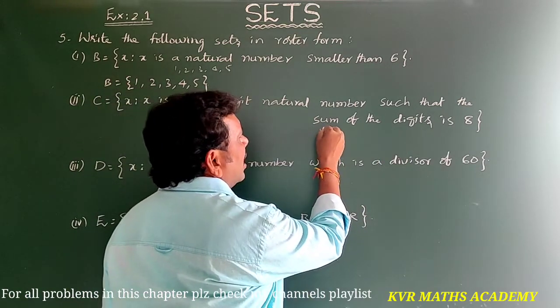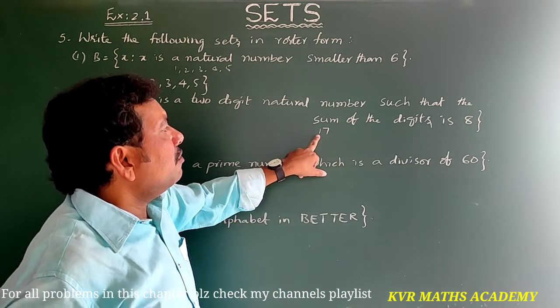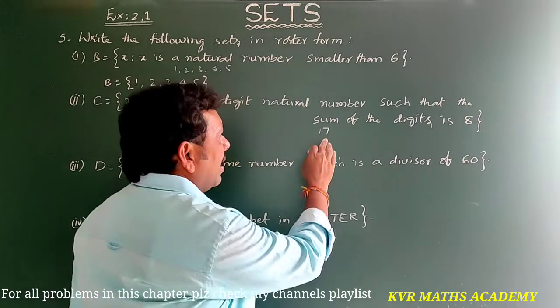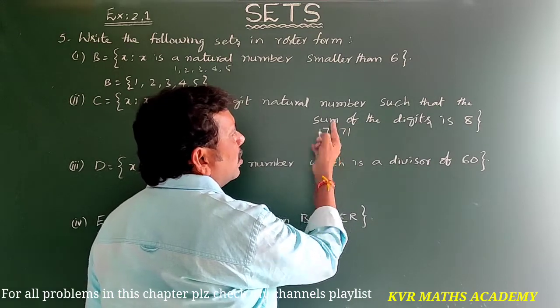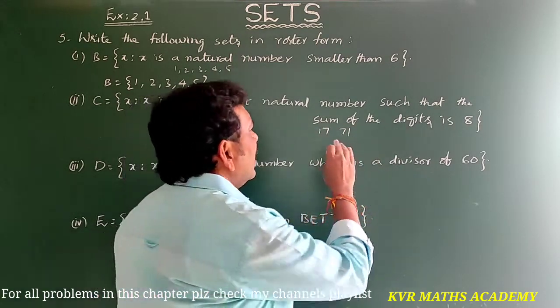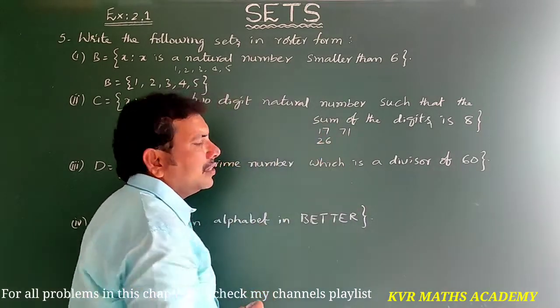If you add 1 and 7, which means 17, 1 plus 7 is 8. Right? 17 and 71, if you add the digits of both, 8 will be obtained.